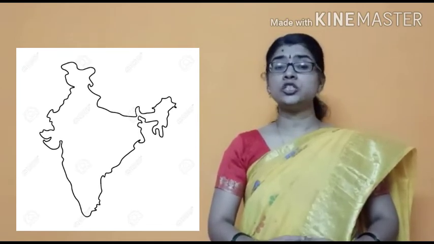A map also represents the earth, but it is flat. It is two-dimensional, so we need to have more imagination, children. The book of maps is known as an atlas. What is the book of maps? An atlas.